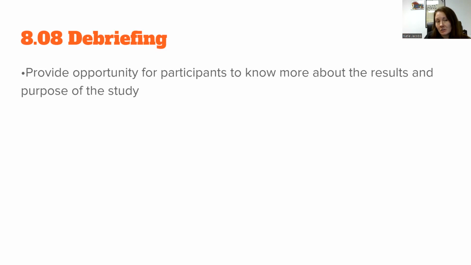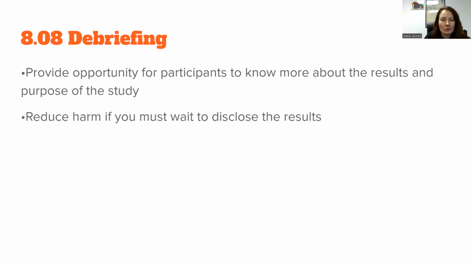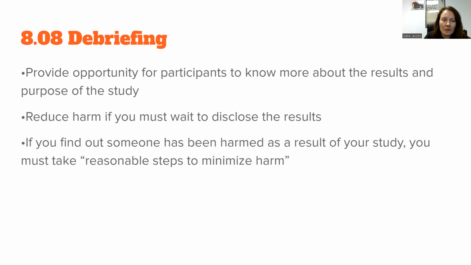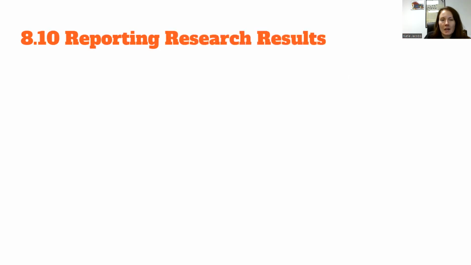And if you say that you're going to do that, then you need to make sure that you follow through with that. So you reduce harm if you must wait to disclose the results. If you find out someone has been harmed as a result of your study, you must take reasonable steps to minimize harm.